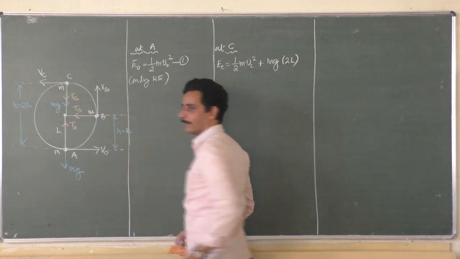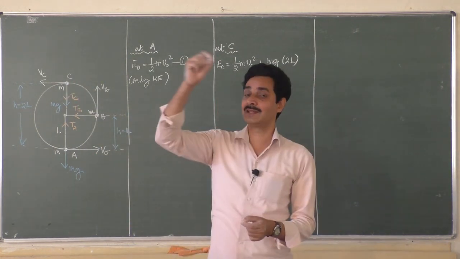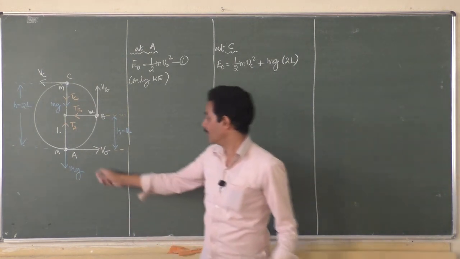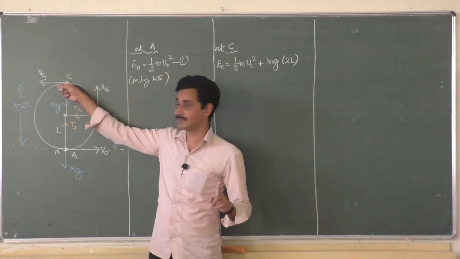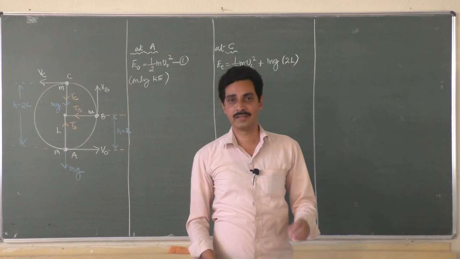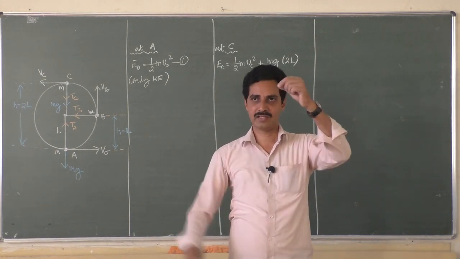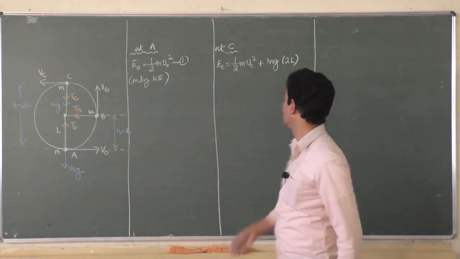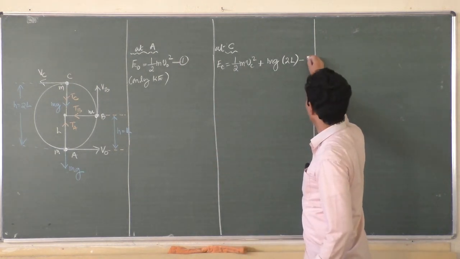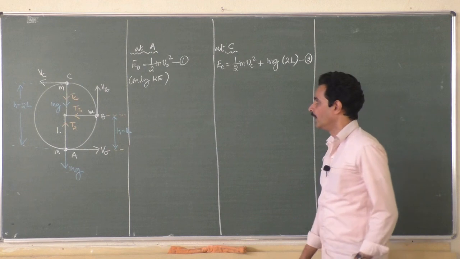By the time it reaches C, it has retained certain velocity Vc. Its velocity has not become 0 by the time it reaches here. There is a velocity Vc, so there is kinetic energy half m Vc square, plus there is potential energy. It has gone to a height of 2L, so mg into 2L.